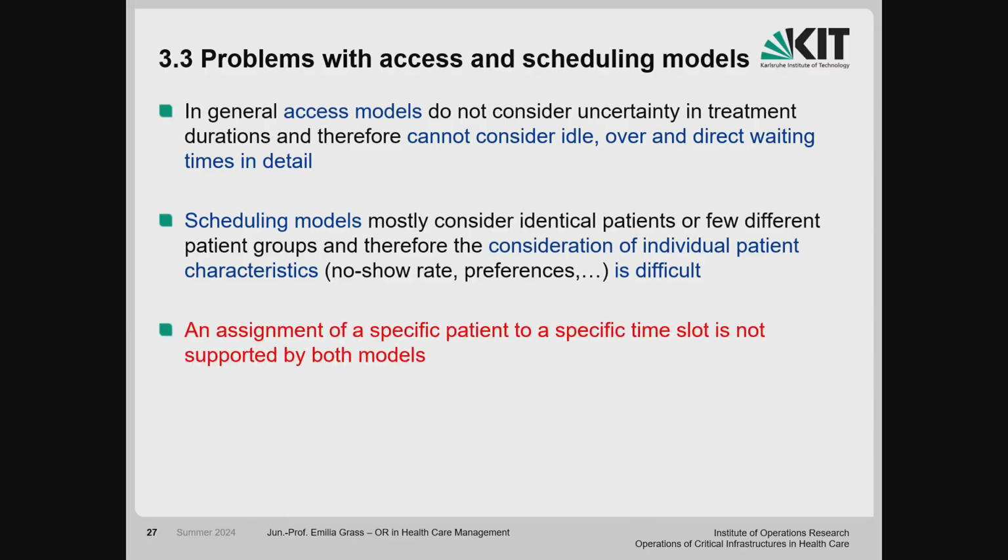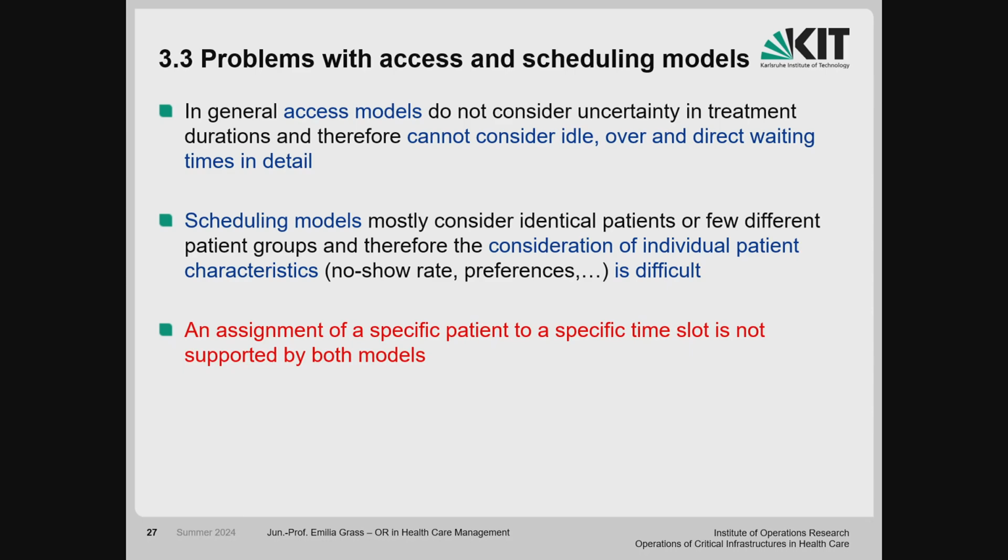Okay, so that means an assignment of a specific patient to a specific time slot is not supported by both models, neither by the access models nor by the scheduling models. So we cannot use them to know patient 1 should be treated at 10:30 in room 1, something like this.